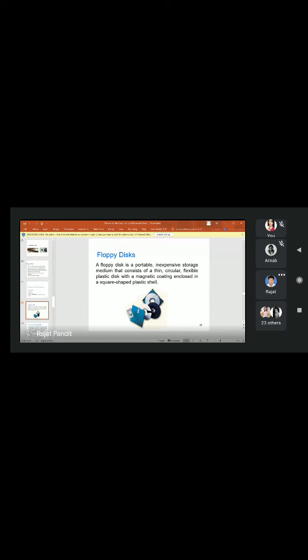Okay, and above that there is a metallic rectangular shape, which can be pushed down and pushed up to connect this magnetic tape to the system. Okay, so a floppy disk is a portable, inexpensive storage medium that contains a thin, circular, flexible plastic disc with a magnetic coating enclosed in a square-shaped plastic shell.